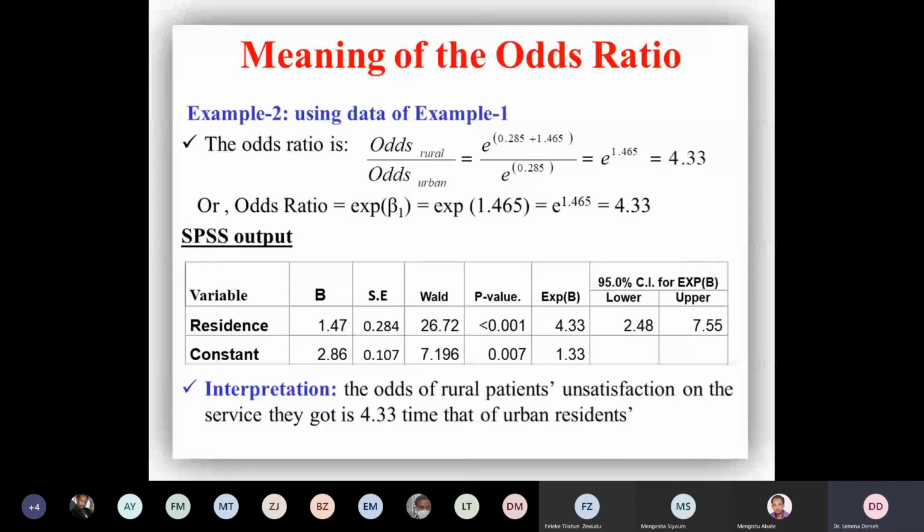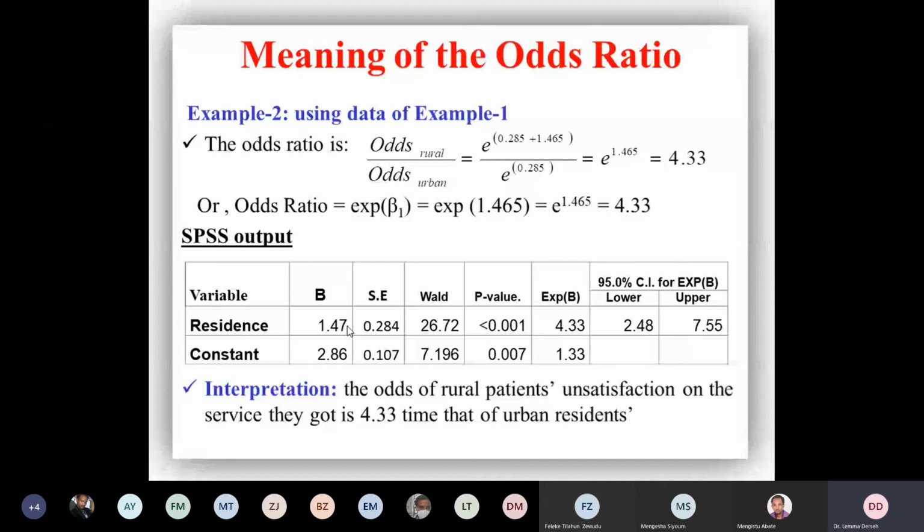unfortunately in logistic regression this should not be reported. Why? Because it is not easy to understand for any person, any professional person, even except a mathematician or statistician.